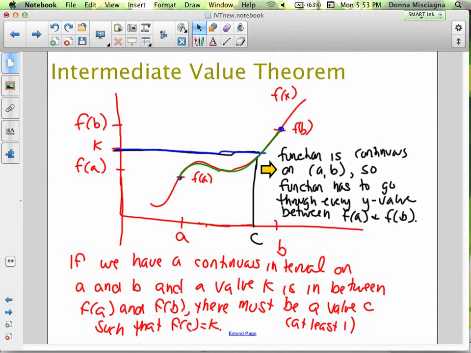So this is an x value, one value of x such that, and it would be right here. Make the dot nice and big. Right here, f of c equals k. Right there's the spot. If your function's continuous, you have to have at least one x value for every single y value.